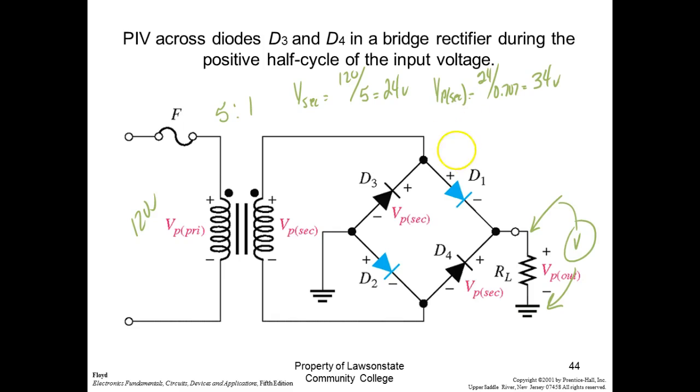Then I'm going to take V peak out. I'm going to take 34 and subtract 1.4 because we're going through 2 diodes this time. 32.6. And then I'm going to calculate my DC. That's going to be 2 VP, 2 times 32.6 divided by 5, which gives 20.76, or 21 volts.